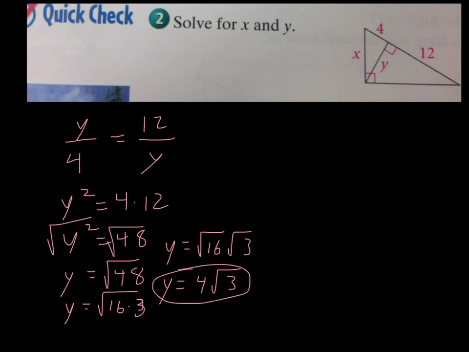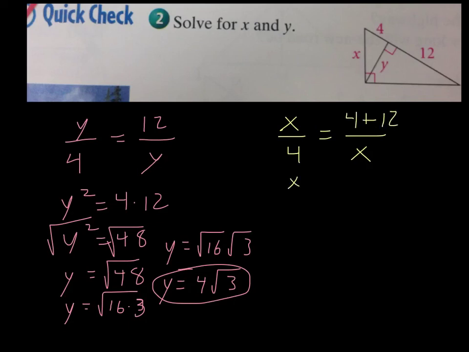Now let's see if we can get x. x is the geometric mean for the adjacent part of the hypotenuse, which is 4, and the entire hypotenuse, which is going to be 4 plus 12.